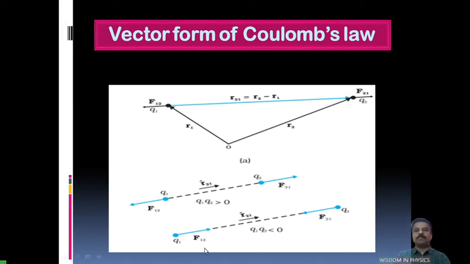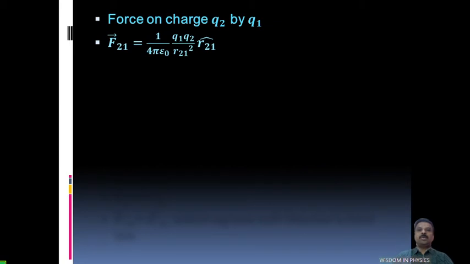Suppose you want to express F12, what does it mean? The force is acting on Q1 by Q2. The direction you can write as the unit vector R12 cap. How to express the force on charge Q2 by Q1? The force acting on Q2 by Q1 is represented by the F21 vector. The first two numbers denote the force acting on the second charge by the first charge.